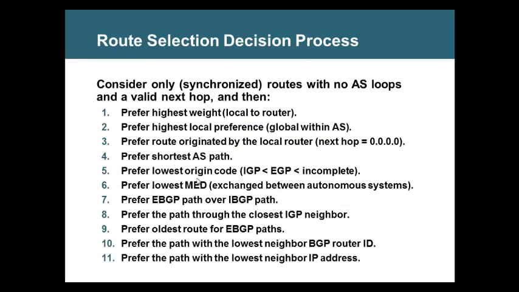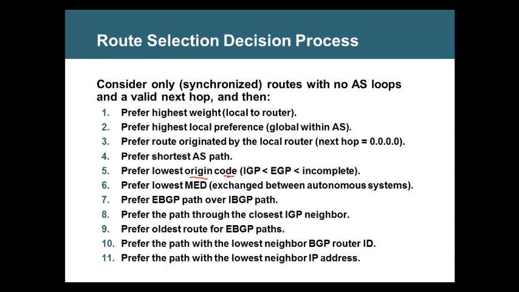Next is prefer the lowest origin code. What does origin mean? The code for how the network was born into BGP. There are two ways in which a network originates in BGP. One, we advertise the network inside BGP using the network command. The other way, we redistribute routes.